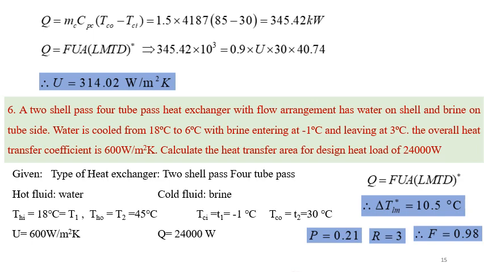Okay, once you note down this P, R and F, you can calculate Q. Q is given, and you can calculate directly. Overall heat transfer coefficient is also given, you can calculate the area. They asked to calculate area only. Very simple problem, but you should know how to solve this.